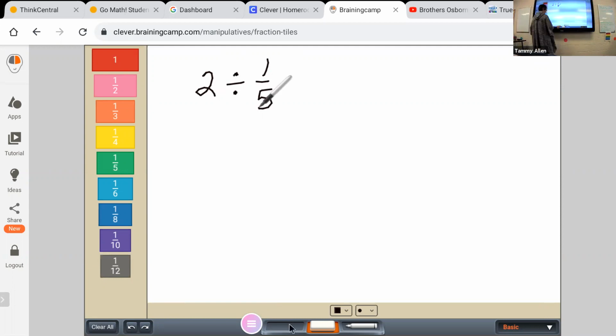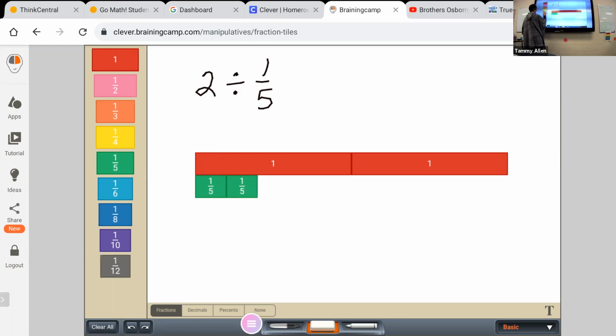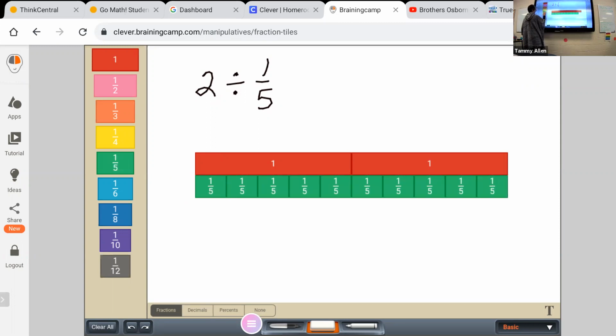So we're going to want 2 whole amounts, and we want to divide them into fifths, right? So the question is, how many fifths would there be? There would be 10.